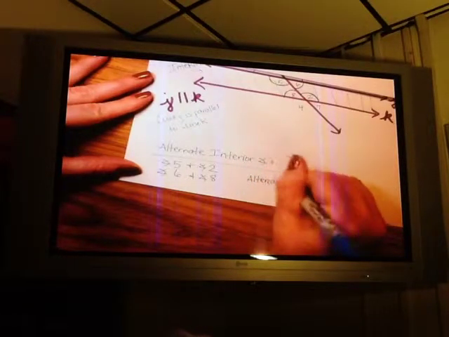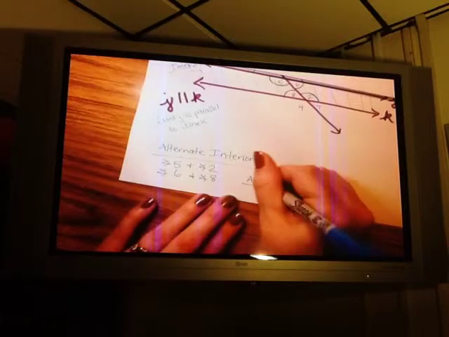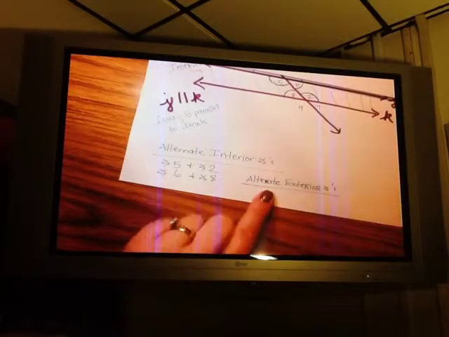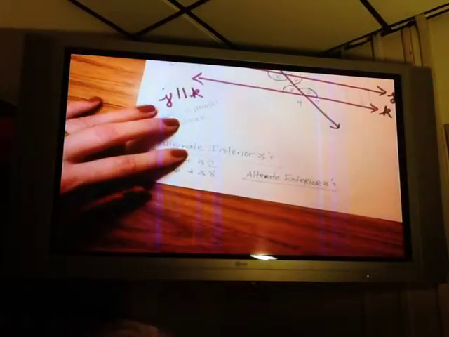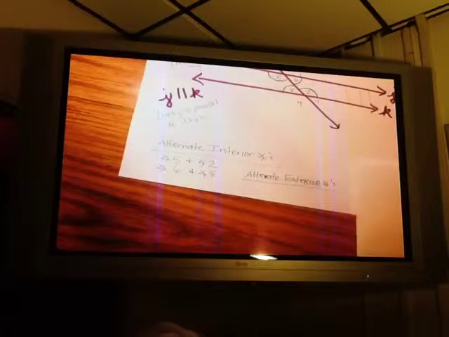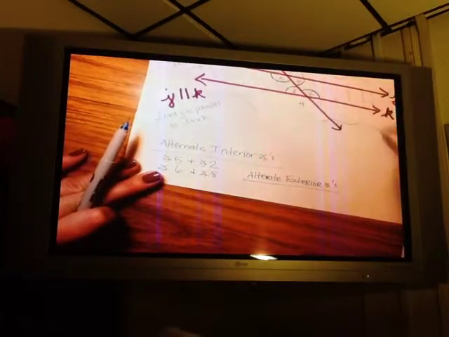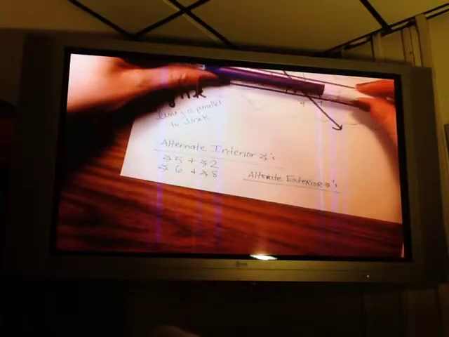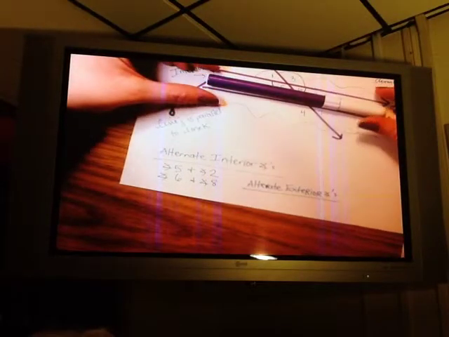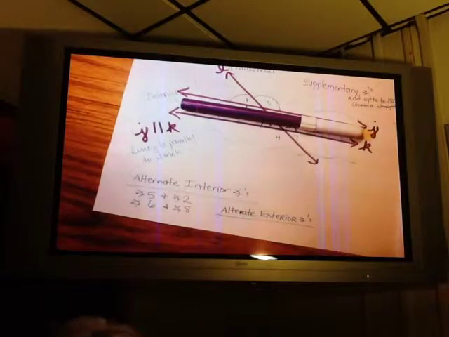Here's another pair: alternate exterior. If we were talking about the interior before, now we're talking about the exterior, the angles out here. So I have to ignore all the inside ones; they've already been chosen.